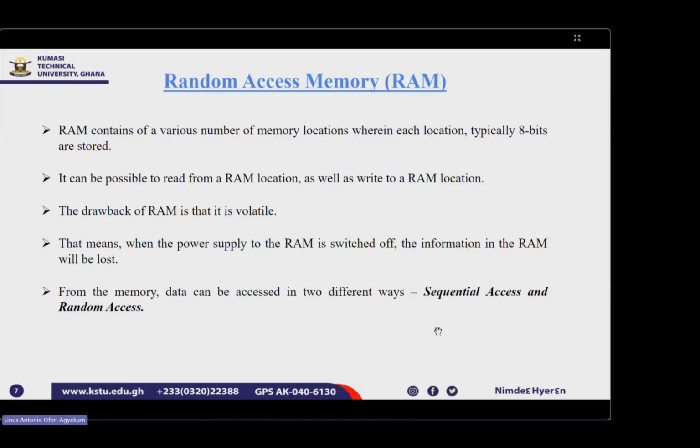The biggest disadvantage of the RAM is that even though it is very fast, or it helps the CPU to be able to process faster, it is volatile. It can only be used when the computer is running or when the machine is running.